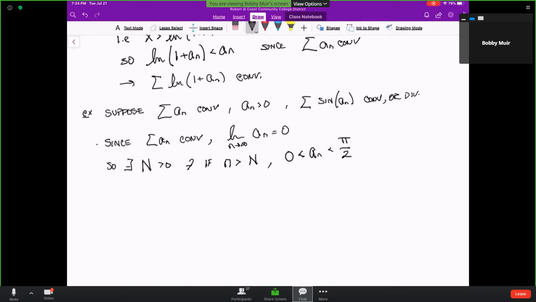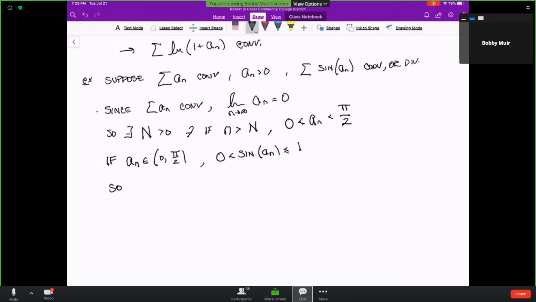So I wanted to do that, so now I don't have to deal with any negatives. For a sub n sitting in the interval 0 to pi over 2, the sine of a sub n is going to be positive, and it's going to be less than or equal to 1.